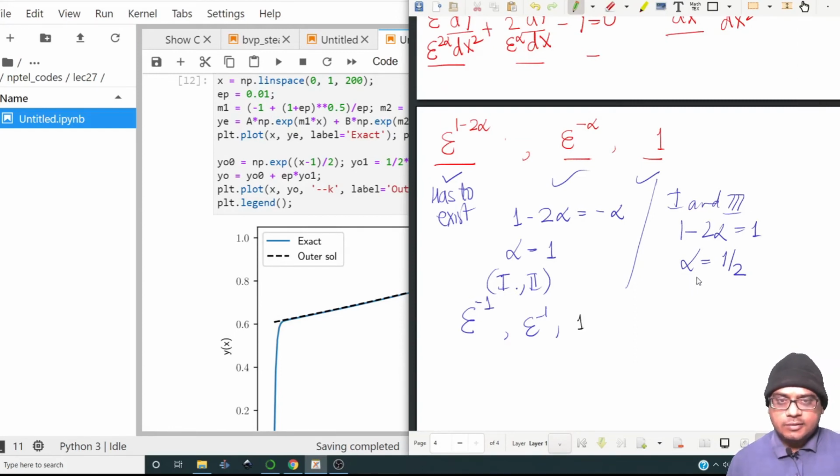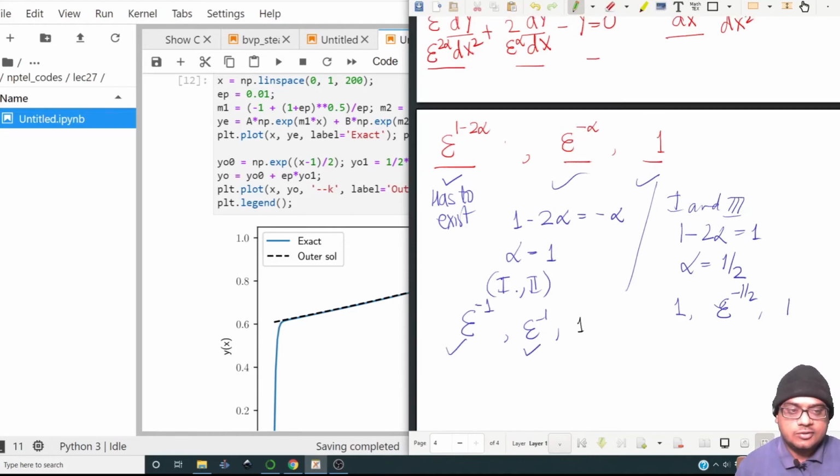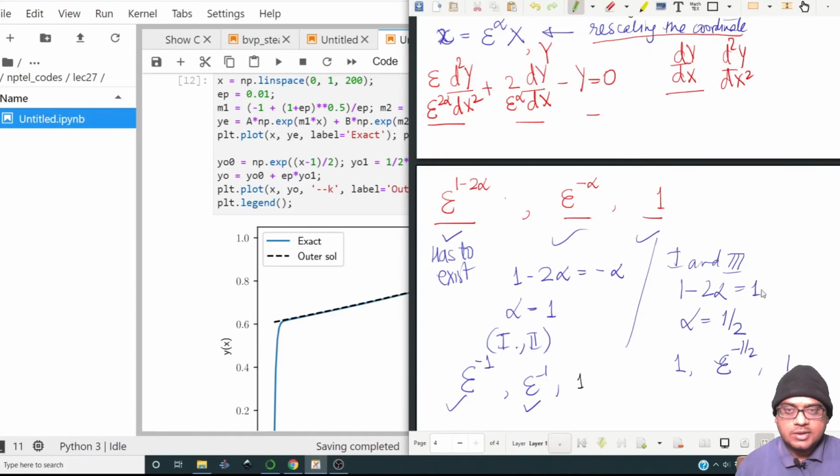The largest order term is this one, 1 by epsilon raised to half, and when epsilon is small, it is much larger than 1.